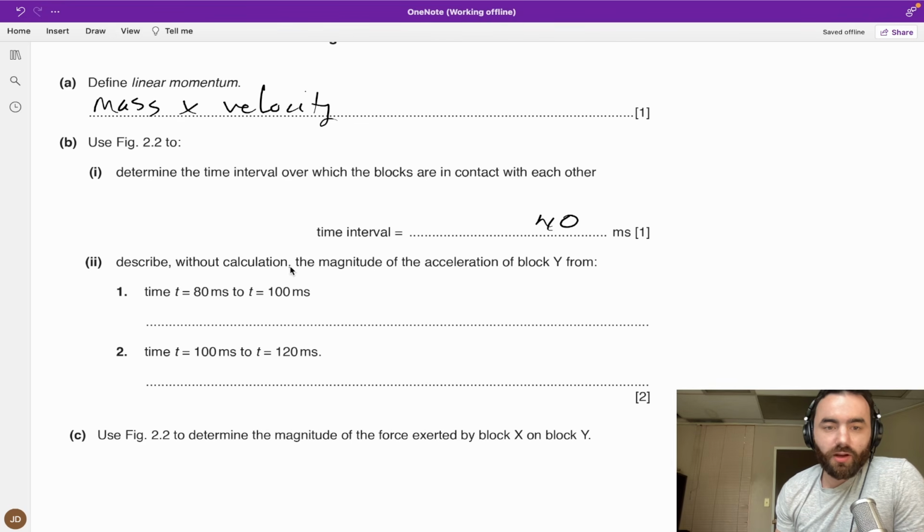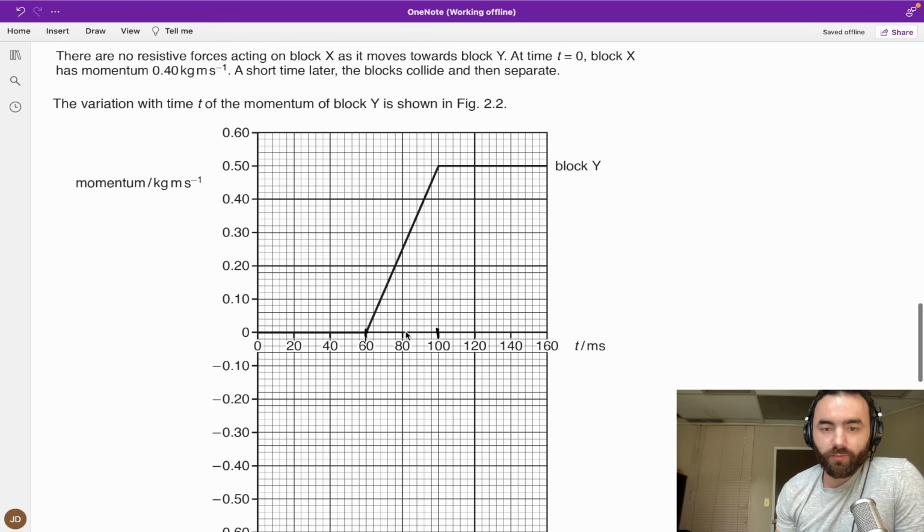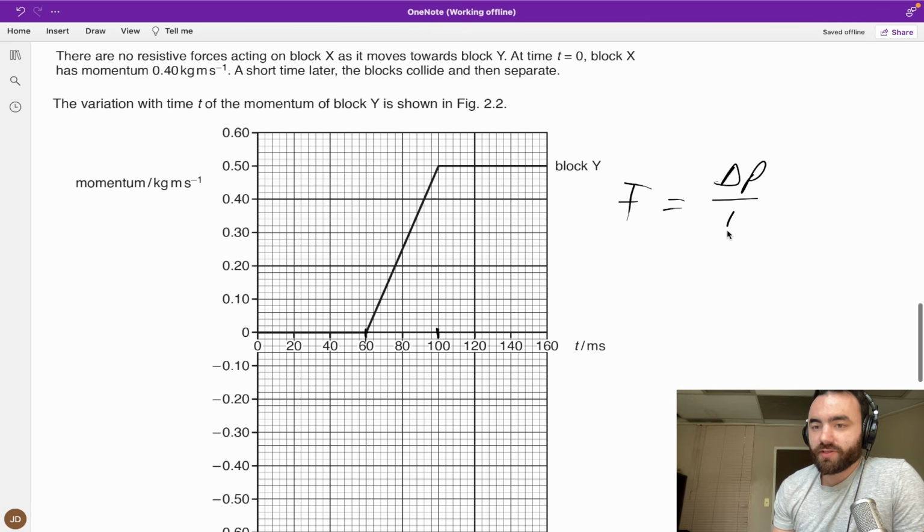Okay, describe without calculation the magnitude of the acceleration of block Y from 80 to 100. Well, from 80 to 100, it's just increasing, right? So we've got a constant change in momentum, so we're going to have a constant force or constant acceleration, because force equals change in momentum over t, and force is mass times acceleration.